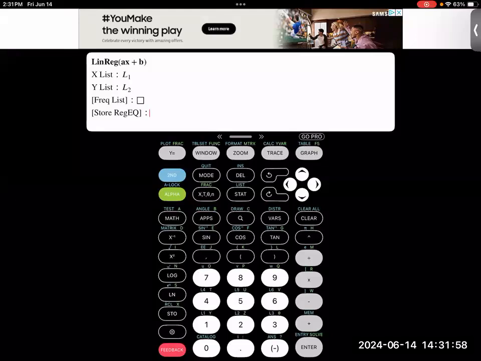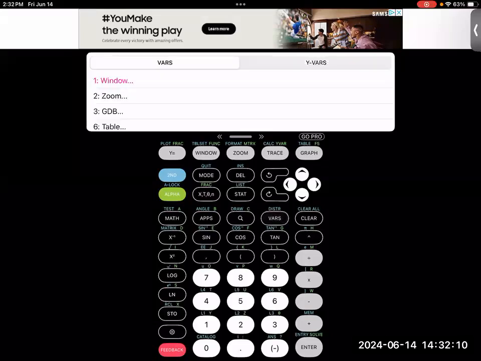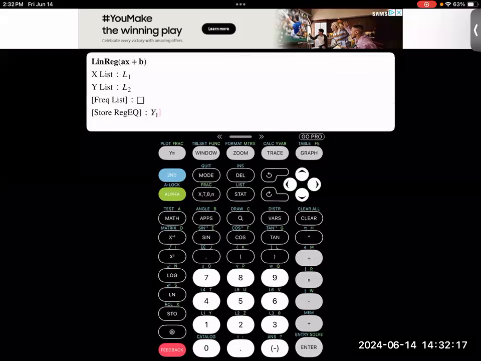Now, if your calculators don't have this, maybe you're working off of an 83, you're going to hit the same exact buttons with us. Okay, you're going to hit Vars, Y-Vars, Function, Y1, and this is where we're going to store it.